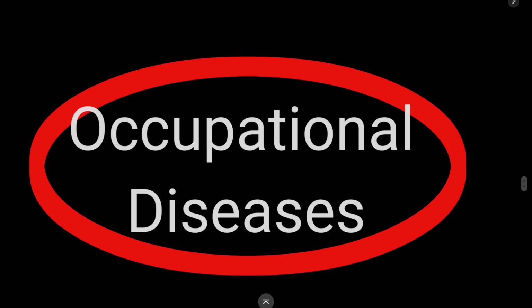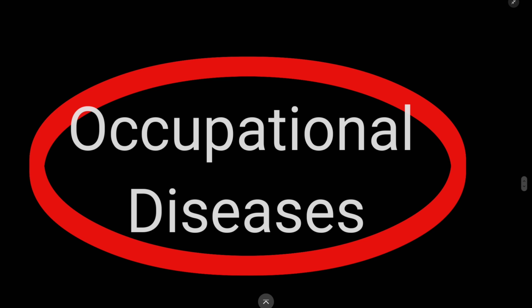An occupational disease is any illness that results from exposure to harmful conditions or substances in the workplace. Unlike accidents, which happen suddenly, occupational diseases often develop over time due to prolonged exposure to toxic chemicals, physical strain, poor ergonomics, or even psychological stress.